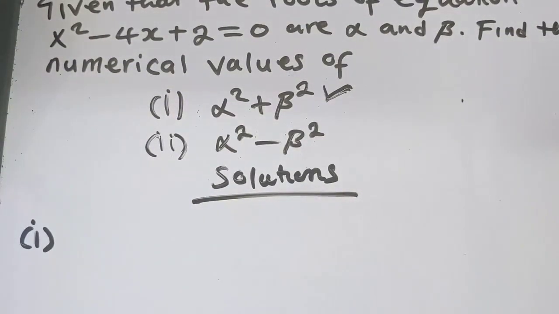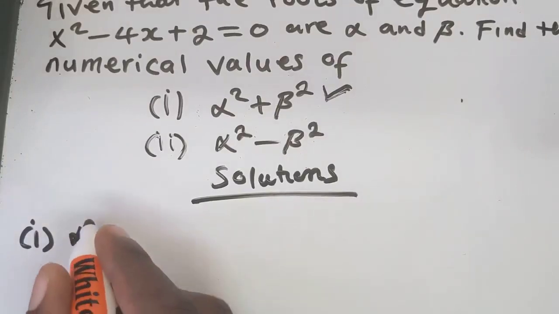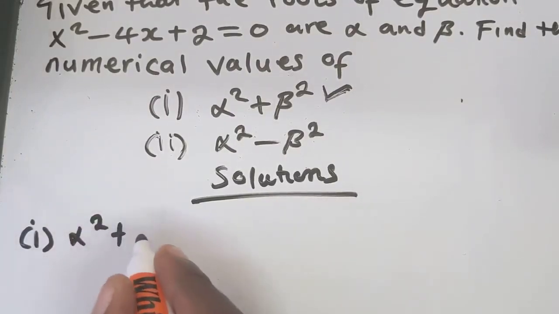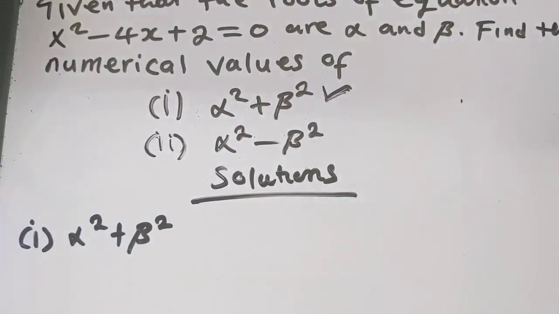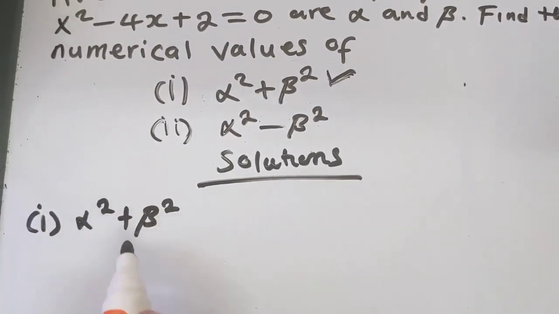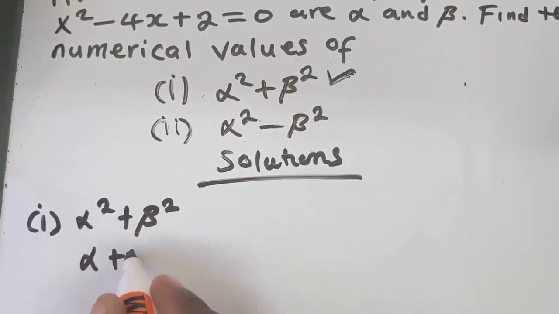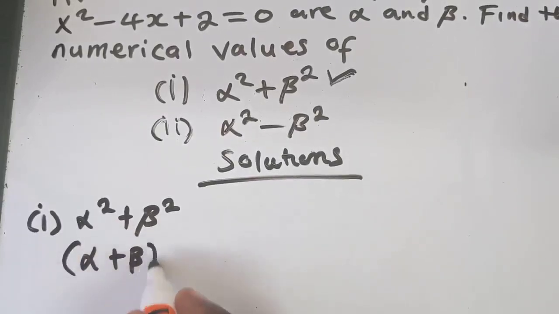Then the question is saying that alpha to the power 2 plus beta to the power 2. That is what we have here. So now you know where this one is coming from. It can actually be written as alpha plus beta to the power 2, meaning that this is a square of this.